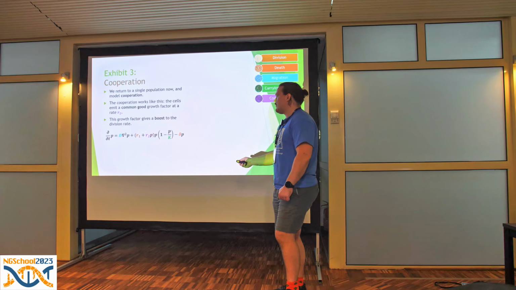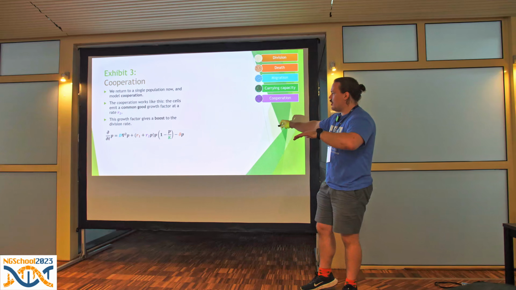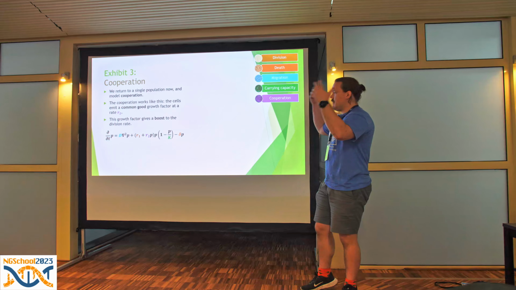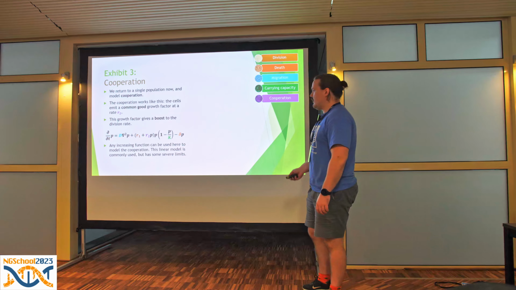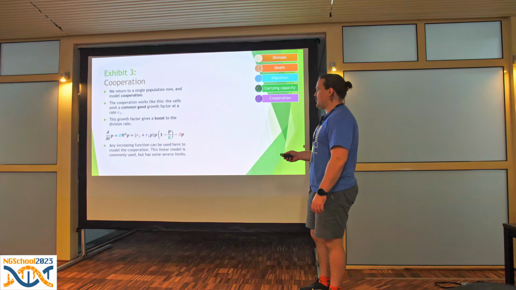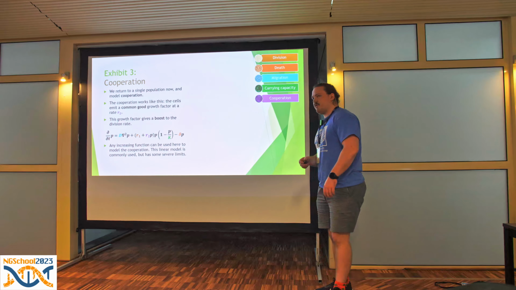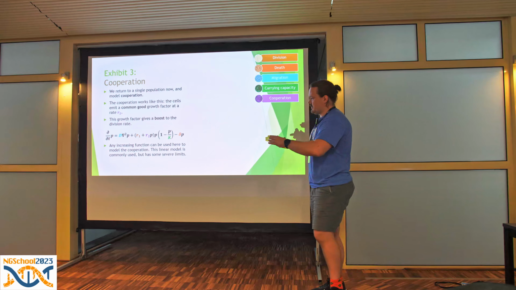And then we get a boost from having high population density, which is R2, and R2 is multiplied with the population density, because if the population density is low at some point in time, then this will not contribute a lot, but if the population density is high, then they will emit a lot of growth factor. And I choose a linear function here, which is basically just R1 plus R2 times P. You can draw it as a straight line. But you can use any increasing function here to model cell growth or cooperation in cell populations.